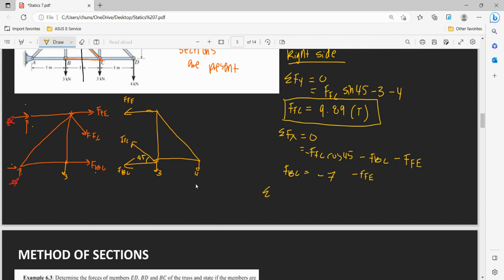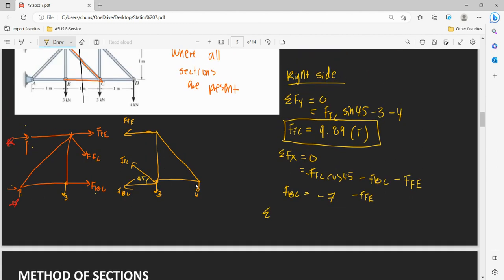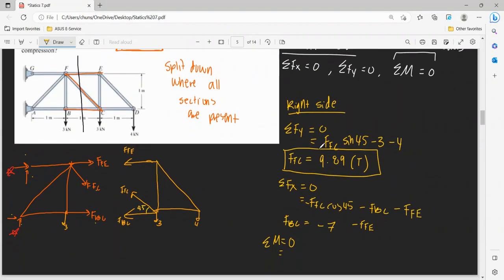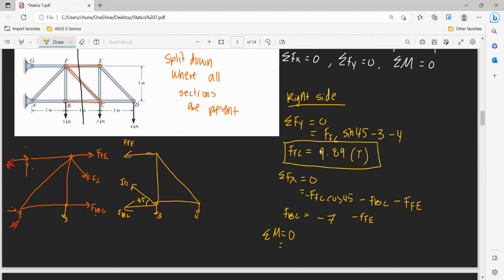And let's use our moment as well. So where should we put our moment in this case? Like our previous questions, we want to choose where it would be best to put our moment. So we want to choose a point that has the most reactions or forces coming out of it. That would be point C here. So we're going to do it at point C. That means everything going through it we don't use. So we have F_FE and 4 left.